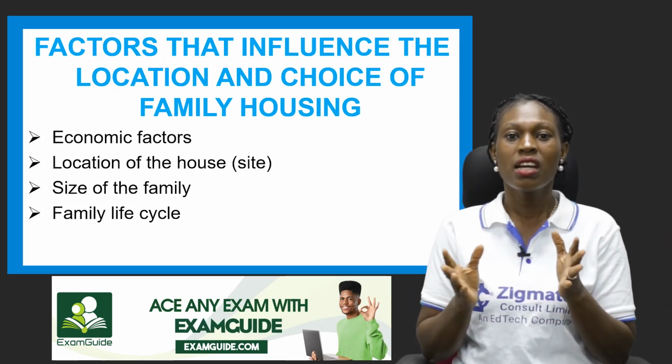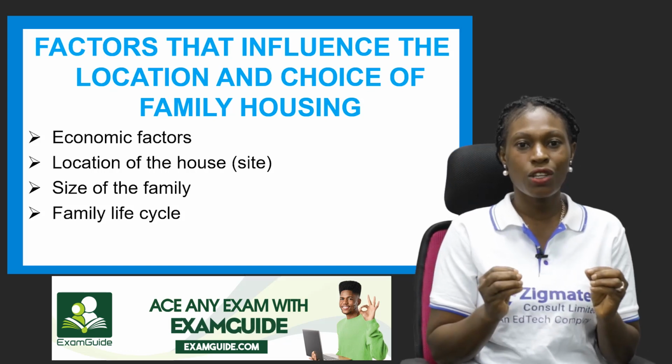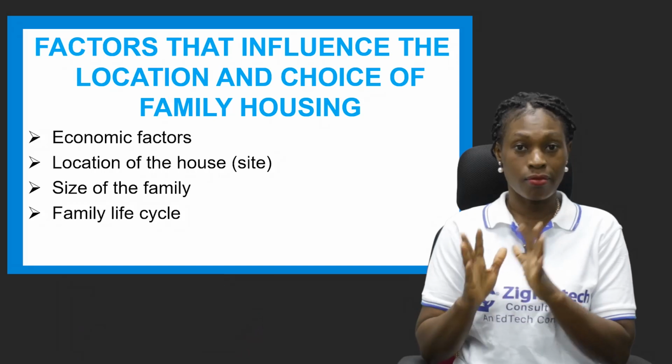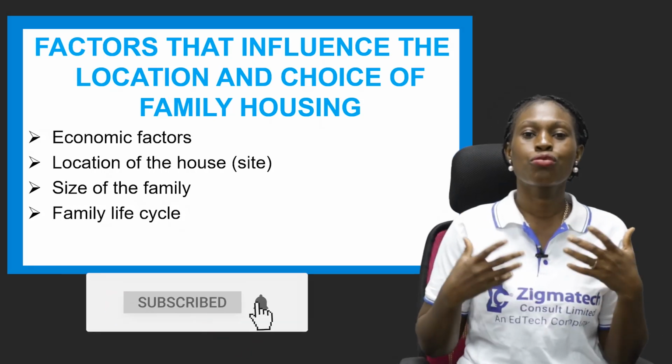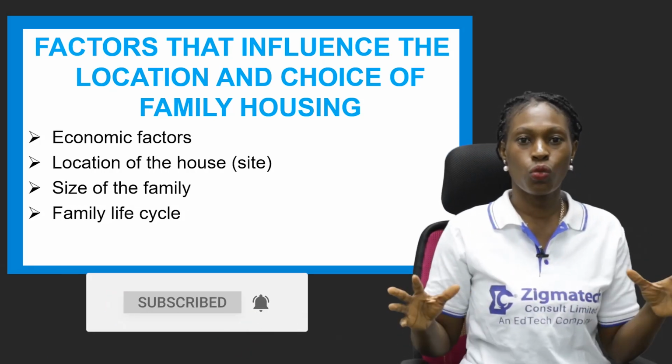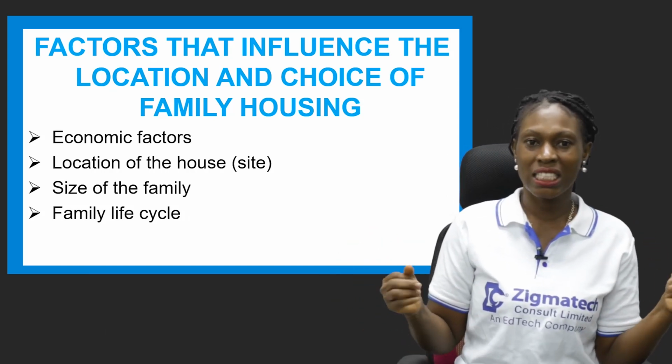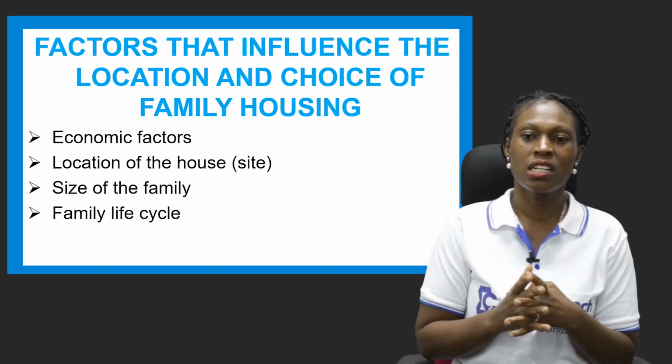For a smaller family, you can decide to do somewhere that you can just stay in and manage. But as the family grows, you would need more space for them to have enough room, rather than squeezing everybody in.